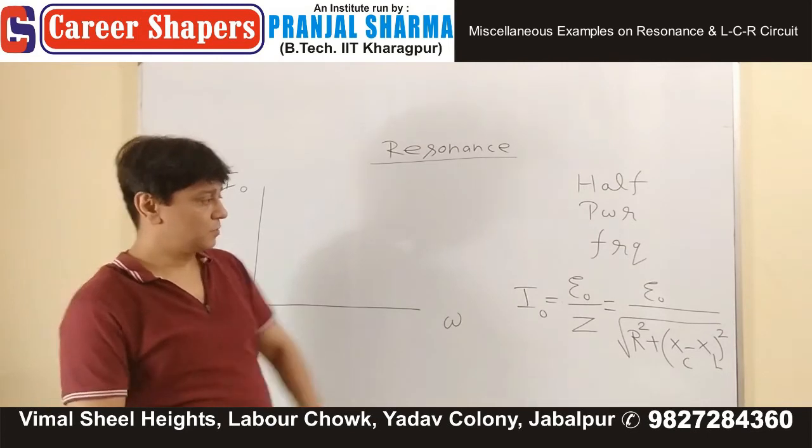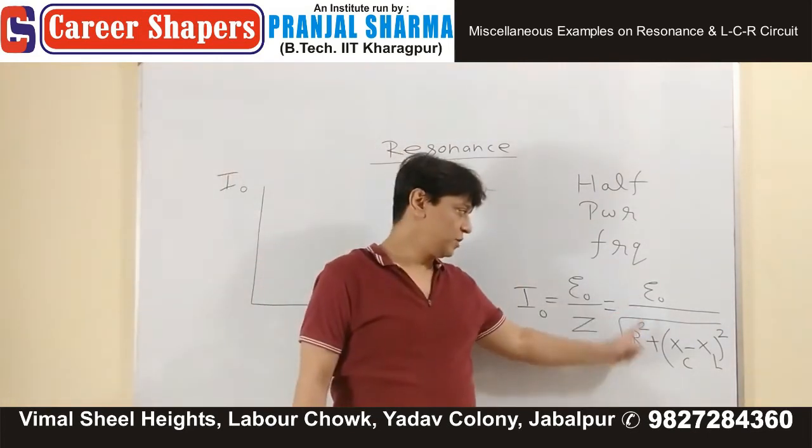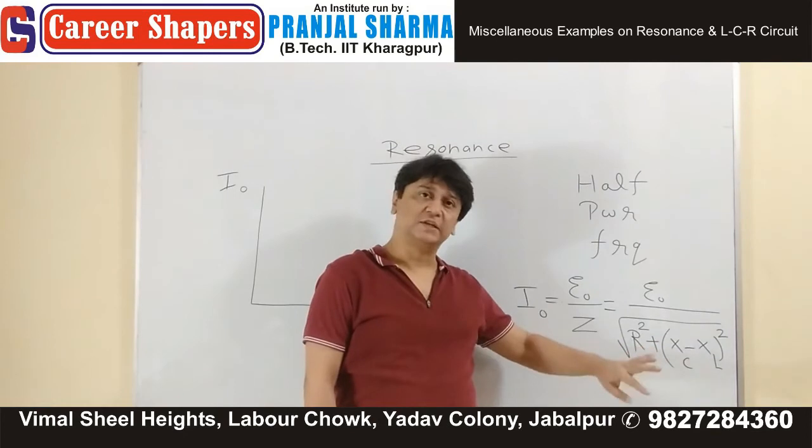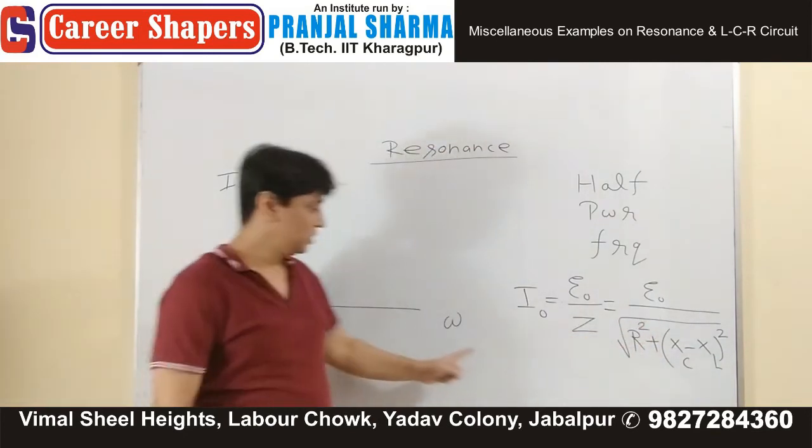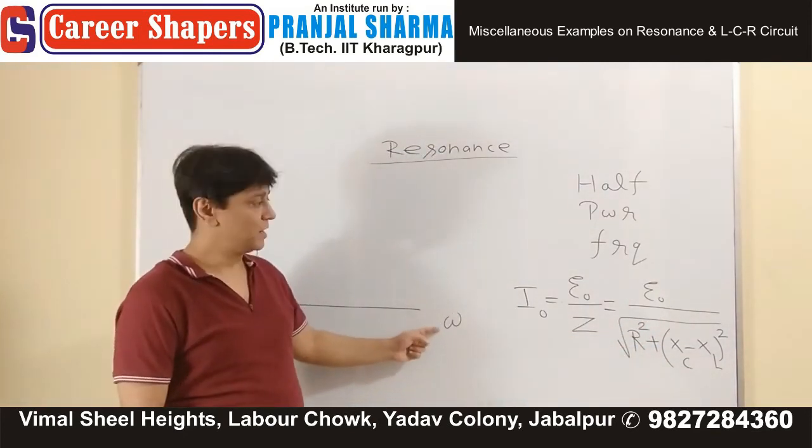Now, we are not changing E naught, we are not changing R, we are not changing C, we are not changing L. The only thing we are changing is omega.